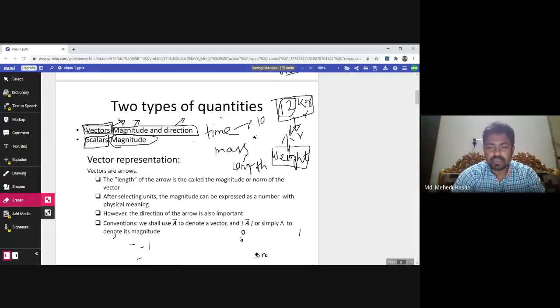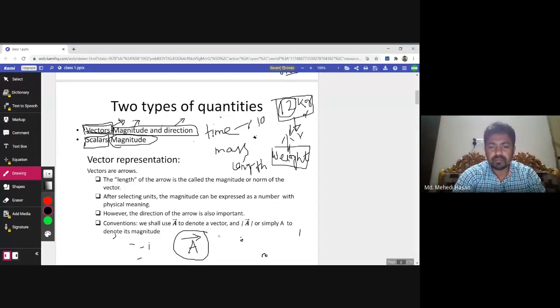Then next is, how can we draw a vector and also write down a vector. Say vector A. In case of a vector, we write down the letter A, then give an arrow at the top of the letter. This is the representation, or writing, of a vector.